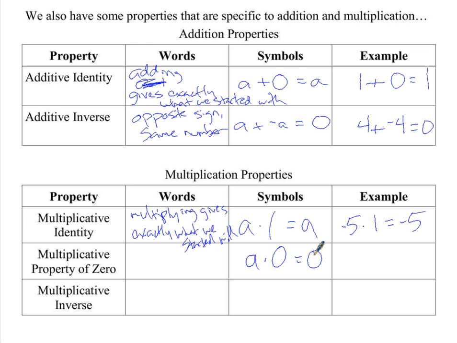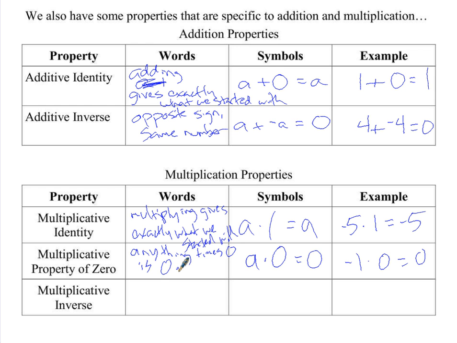For example, negative 1 times 0 equals 0. And that's what we're putting for words: anything times 0 is 0. My neighbor's beagle times 0 is 0.